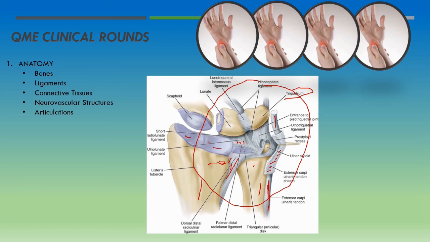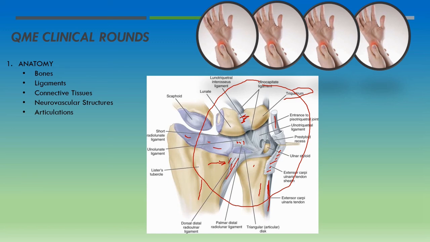So as we discussed in our prior slide, we have here the lunotriquetral ligament, which is an interosseous ligament. Interosseous means it goes from carpal bone to carpal bone, connecting the individual carpal bones together. So it's an interosseous ligament. So we have the lunotriquetral ligament.